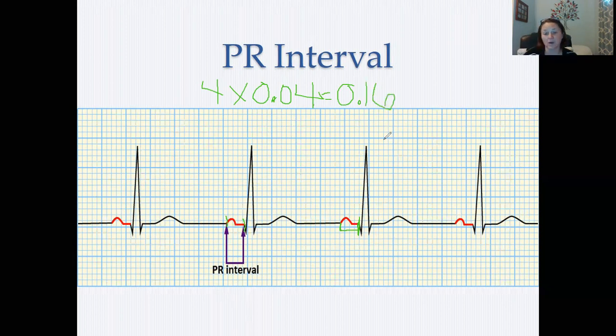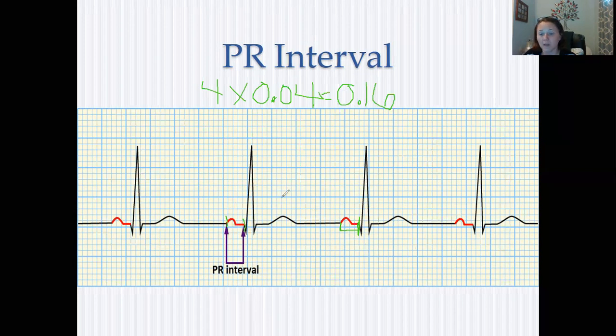So for this EKG complex, it is taking about 0.16 seconds for the electrical conduction to go from the SA node until it's being released from the AV node for that atrial contraction, and then up until the ventricles are ready to contract.